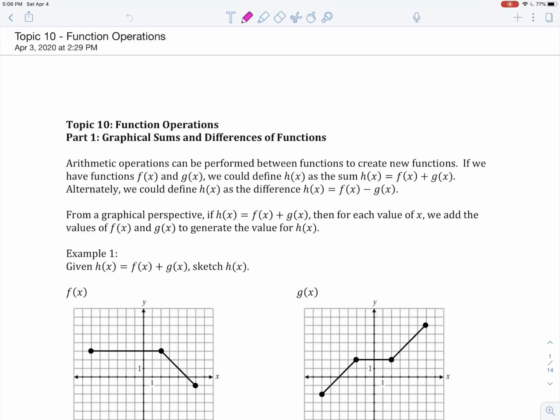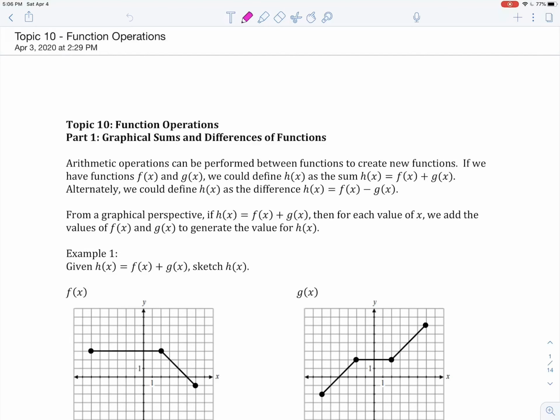We're going to see things graphically, we're going to see things algebraically, adding, subtracting, multiplying, dividing functions, and then, as the last topic, we'll be composing functions, having functions of functions. But for now, sums and differences of functions.